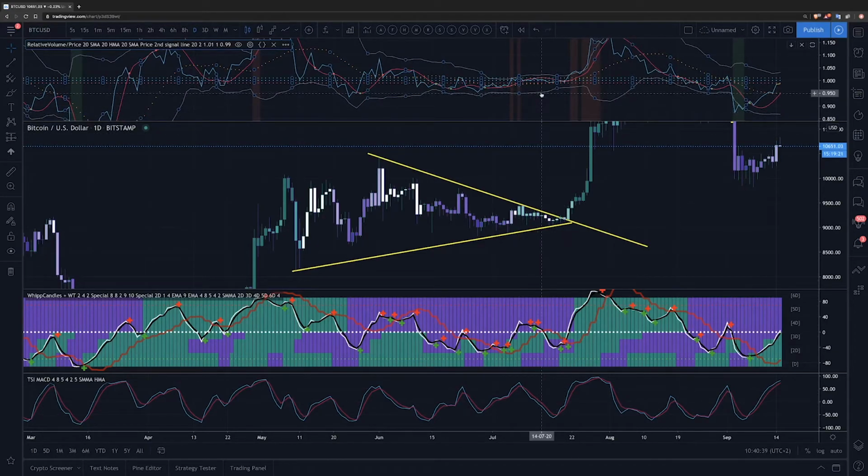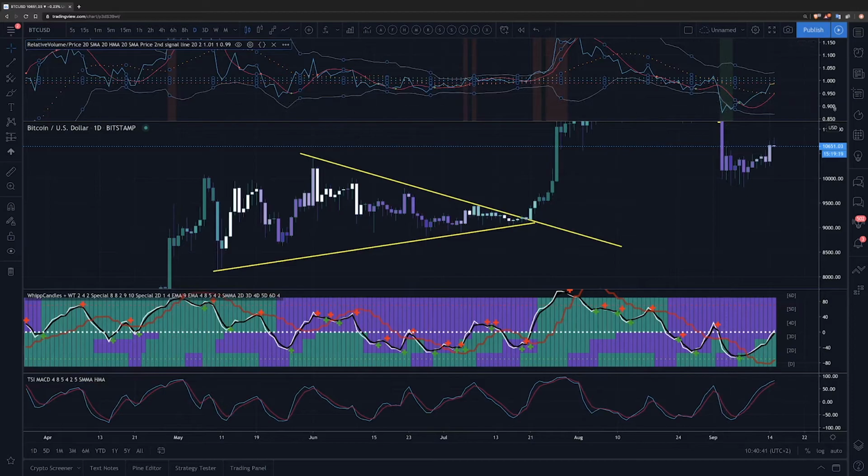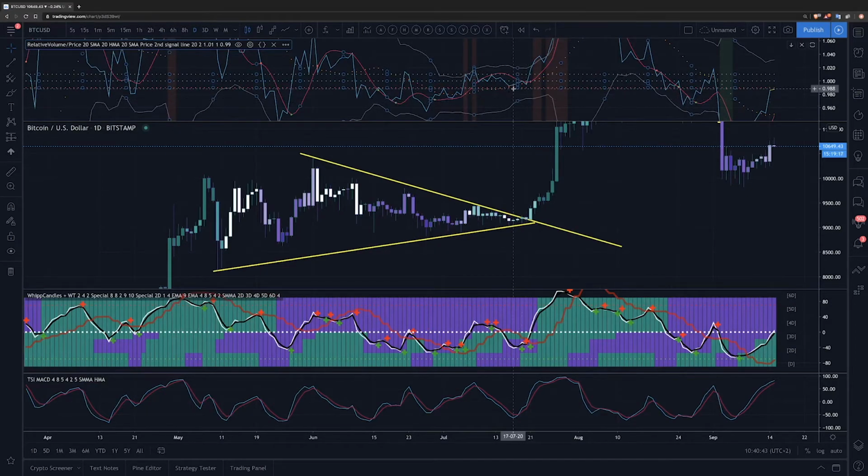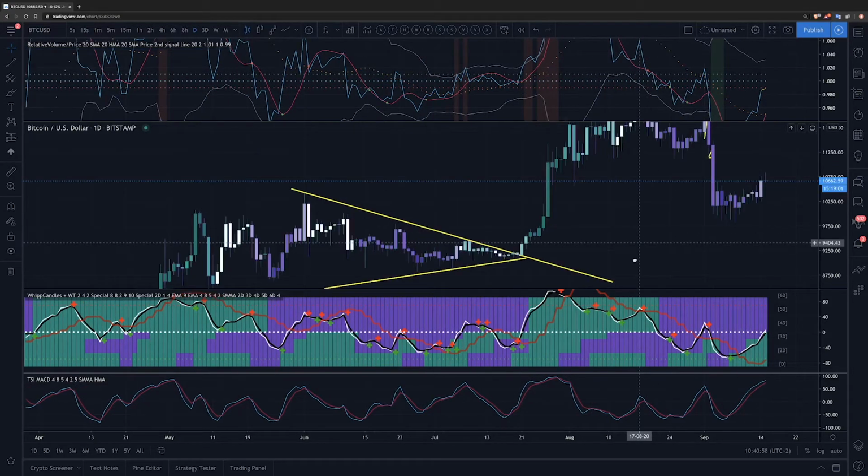And here we have, yeah, it's just looking very good there. Price here, tick, tick. That would have been a really good buy. RVOL has exceeded this level. We're a buy on whip trend, and we're a buy on TSI MACD, and we're away. So that was a really good trade.